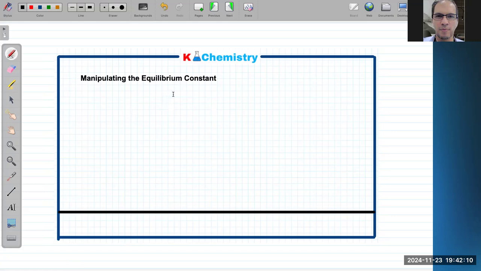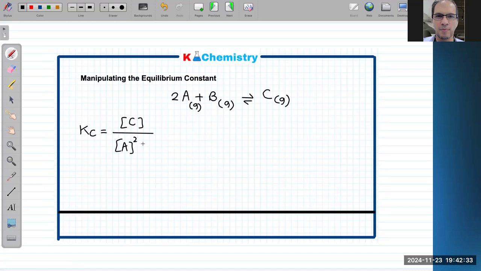So I have an equation, for example, that tells me that 2A, one reactant, has reacted with B, another gas, both of them gases, and it has formed the product C, which is also a gas. So the equilibrium constant Kc is equal to C over A to the power of 2, because its coefficient is 2, multiplied by B.